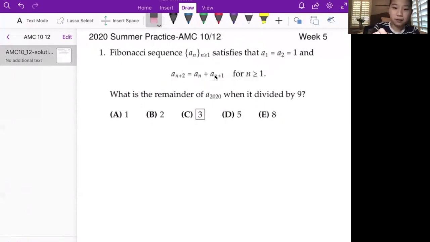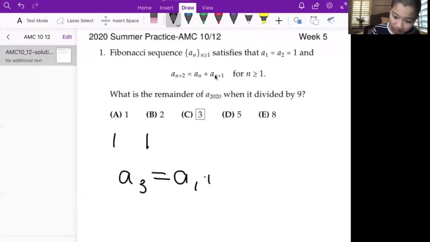So let's evaluate some terms. Now, a1 equals 1, a2 equals 1, what is a3 equal to? Using the recursive definition, if you plug in n equals 1, then you get a3 equals a1 plus a2. So it's just their sum, which is 2.